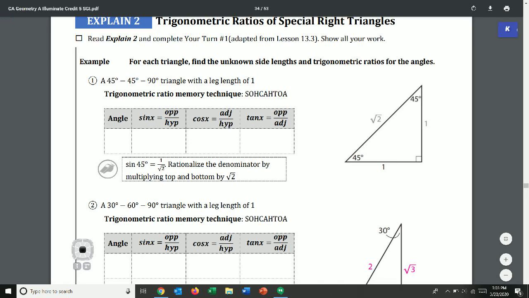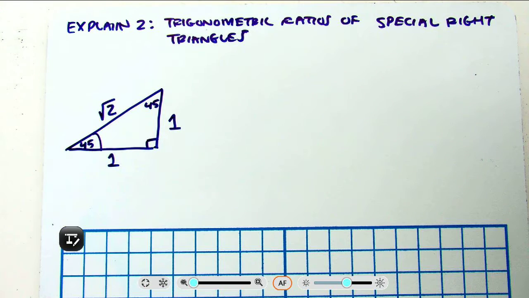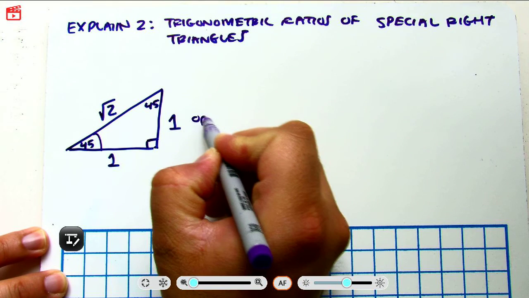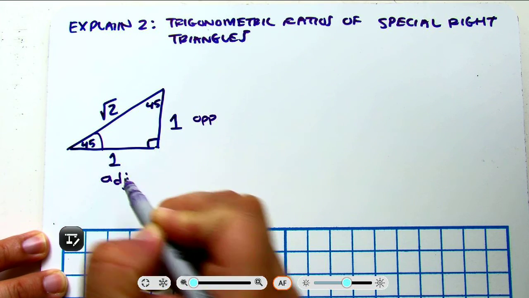So let me switch to the board. Let's call this the angle that we have, 45 degrees, and let's label our sides. This side is the opposite side, this side is the adjacent side, and this side is the hypotenuse.